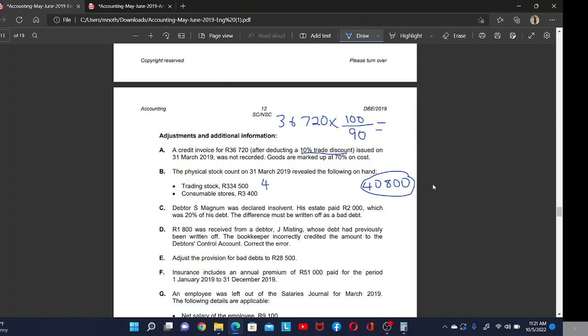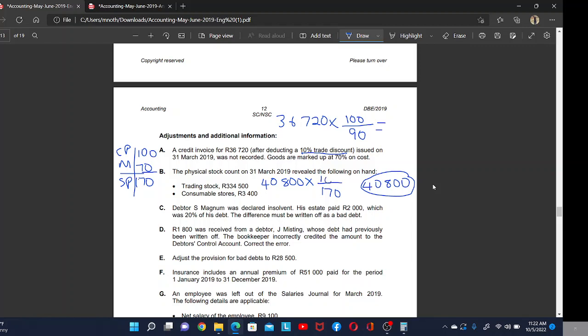Now we can calculate the cost of sales. Because the markup is 70%, you know that the cost plus markup is equal to selling price. So the markup is 70, your cost price will always be 100. Therefore, your selling price is 170. So what we have is 40,800, the selling price.